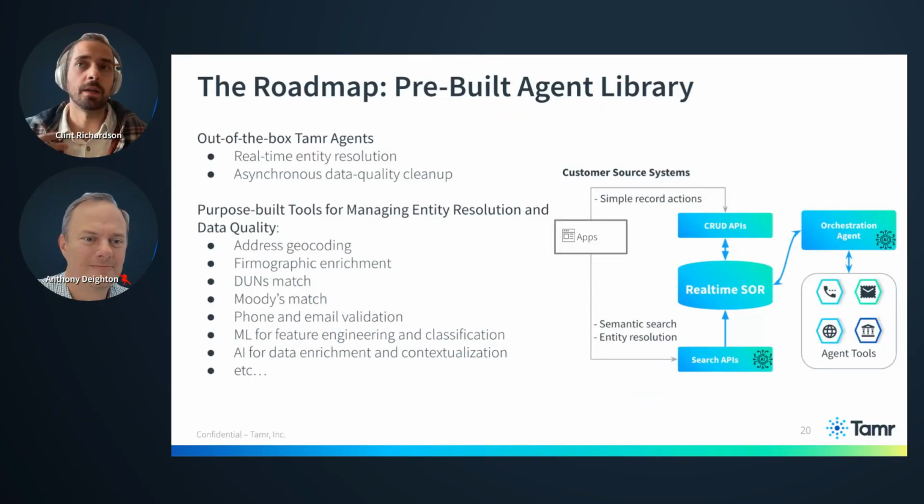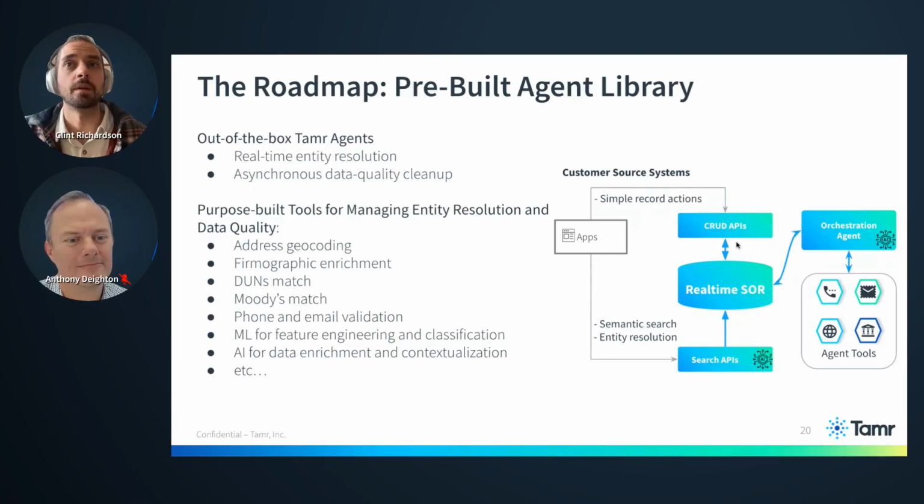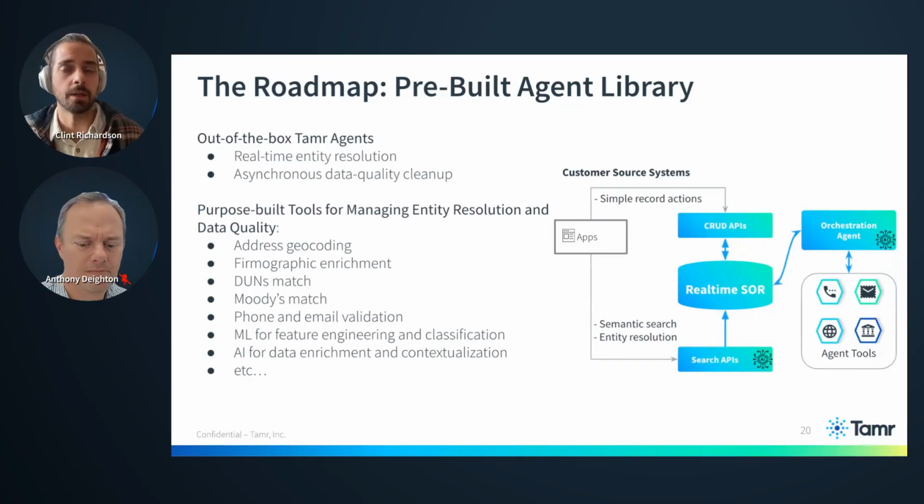And that architecture is at its core what we saw in the demo today, where our roadmap is oriented around a pre-built library of agents and tools. So you can see what happened is we had an API call come in to create a record in the store. We had an orchestration agent react to that and use a set of tools to try to create a record that we could actually action.